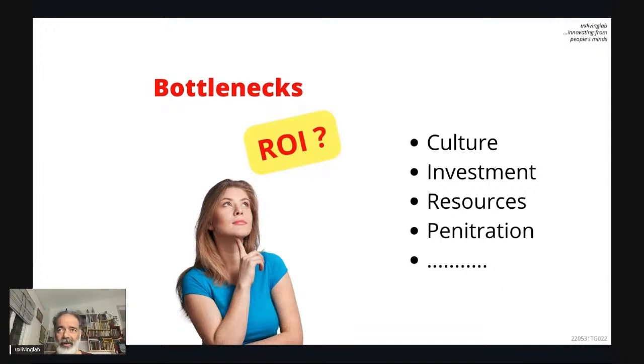Why is it failing? Because idea creation is not the right time to analyze ROI. Return on investment is a huge calculation process requiring expert knowledge, and we need a lot of variables. You have to analyze dependent, independent and external variables.